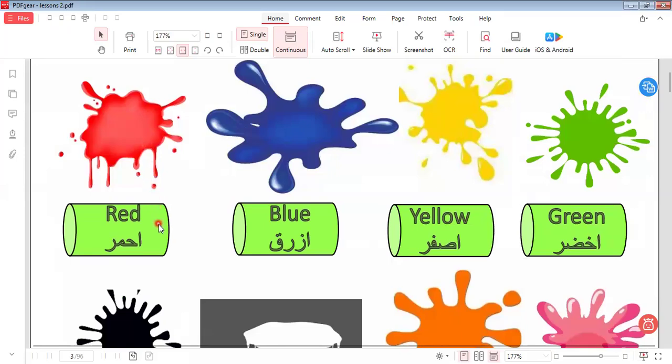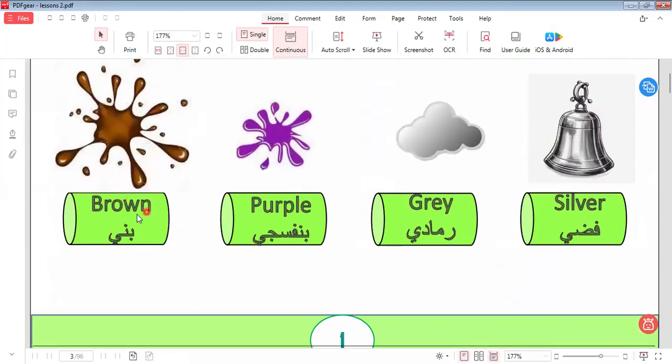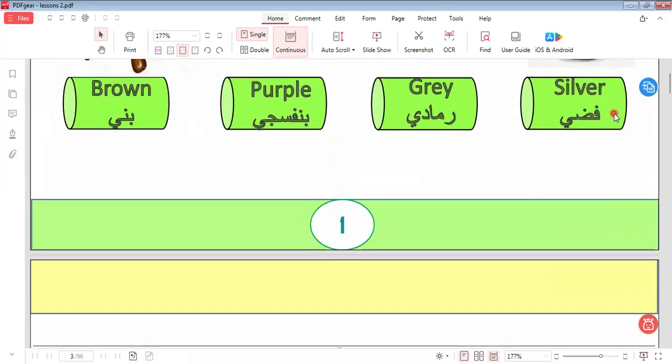This is called red, blue, yellow, green, black, white, orange, pink, brown, purple, gray, silver.